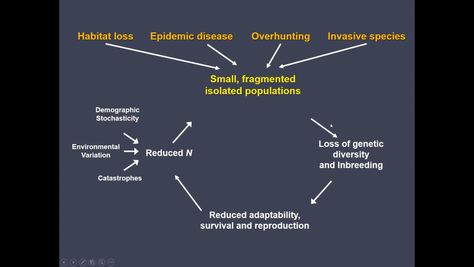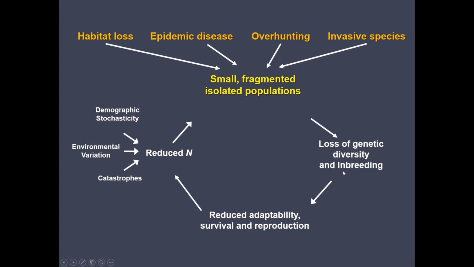Smaller population size leads to increased inbreeding and loss of genetic diversity through genetic drift, which will potentially lead to reduced ability of the population to withstand environmental events like drought, and reduced survival and reproduction. All of this may reduce population size further and make it more vulnerable to stochastic processes like demographic stochasticity.